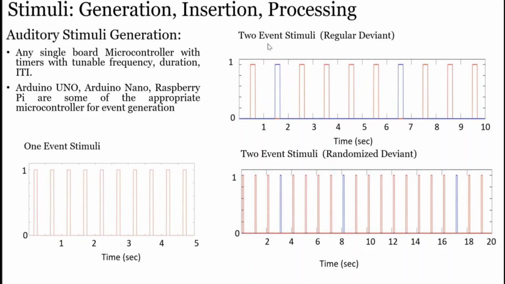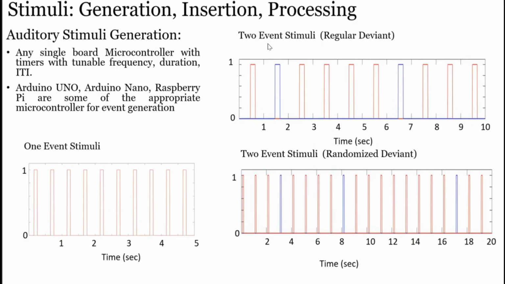Now if we move ahead to two event stimuli, there are two types shown. In both the waveforms, the red ones are the more frequently occurring events. In all three cases, the on time, or duration of a particular tone, is 100 milliseconds, whereas in the first case, the off time, that is the time between two consecutive stimuli, is 400 milliseconds for the one event stimulus.